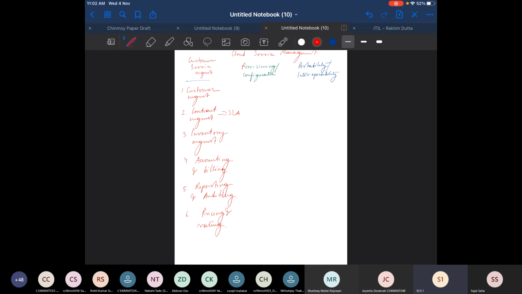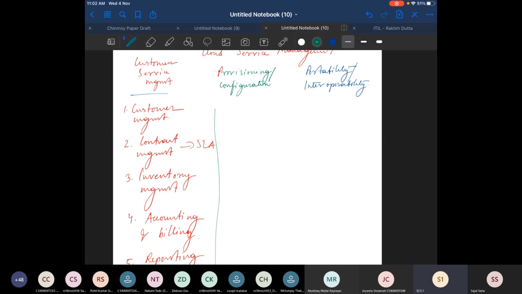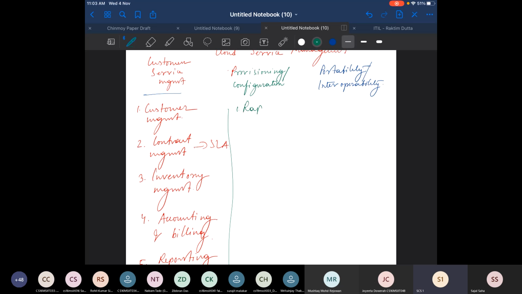In case of provisioning and configuration, as we have already told, provisioning means how to increase or decrease the size of your services, scale up or scale down of your services. One is rapid provisioning or immediate provisioning.